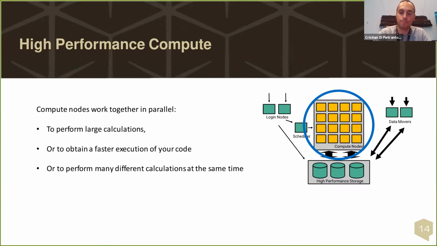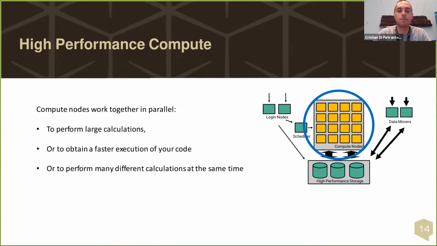You may have large calculations that cannot be hosted on a single machine, maybe because of high memory requirements or because they would take too long to compute, way more than the machine could possibly handle. So you divide the problem into subproblems and assign each subproblem to a different machine. That is one way to go.